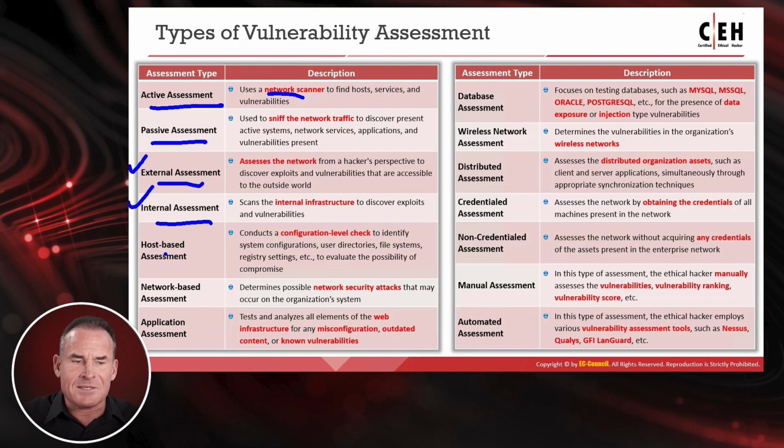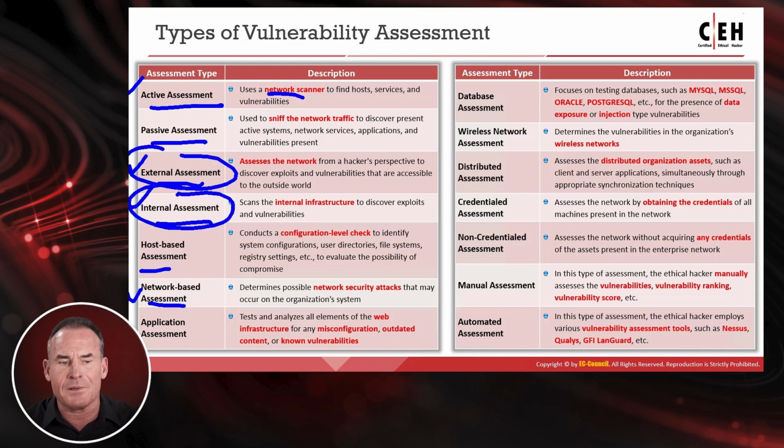A network-based assessment is where you run a scanner. So we're going to run an active assessment using a scanner against the internal or external infrastructure, is typically how it plays out. An application assessment is typically referring to web applications, and there's a little bit more of a specialized type of scanner for web applications.